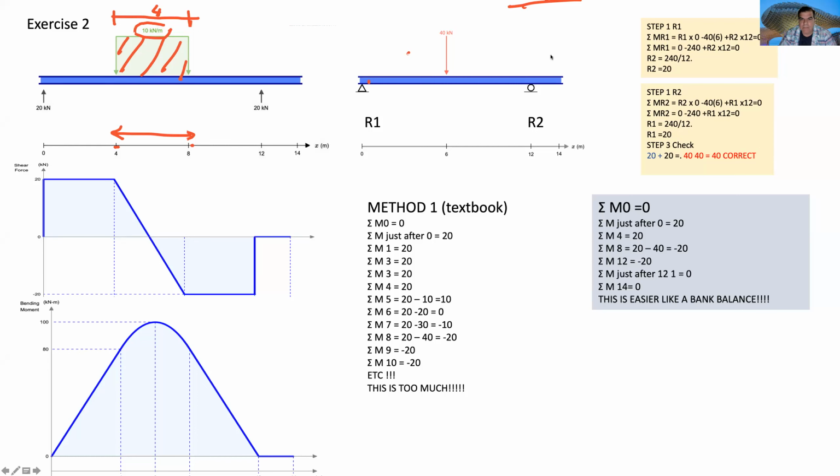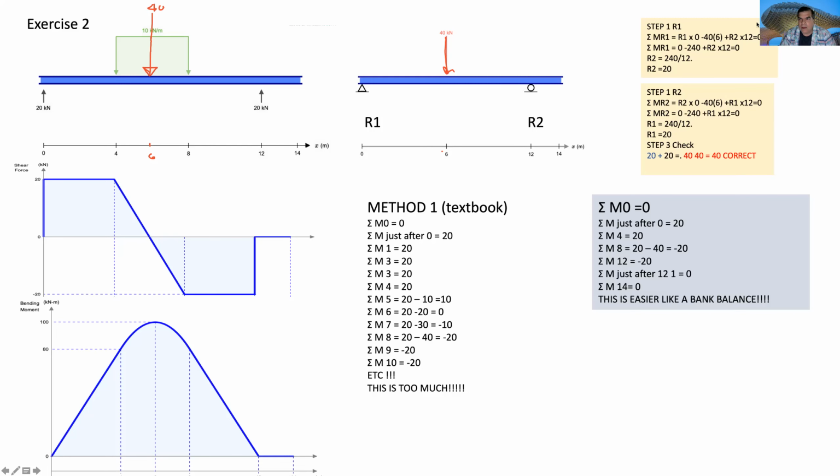Just in the middle of this force that we have applied, here, I will write a vector of 40 because it's 10 multiplied by 4. I do it in a different graph to not get confused. The middle here is 6. So in 6, I apply 40, and now I can do the calculations.